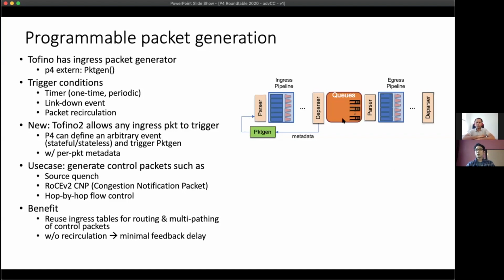In that case, the mirror or multicast copies are injected into the queuing and traffic manager system, but then either you have to duplicate those routing and multipathing tables somehow in the egress or the mirroring engine logic, or recirculate those packets back to Ingress if you want to reuse the Ingress side tables. Then recirculation can cause additional delay. And especially for congestion notification use cases, we want to save the feedback delay as much as possible. So these are the two benefits we can think about.